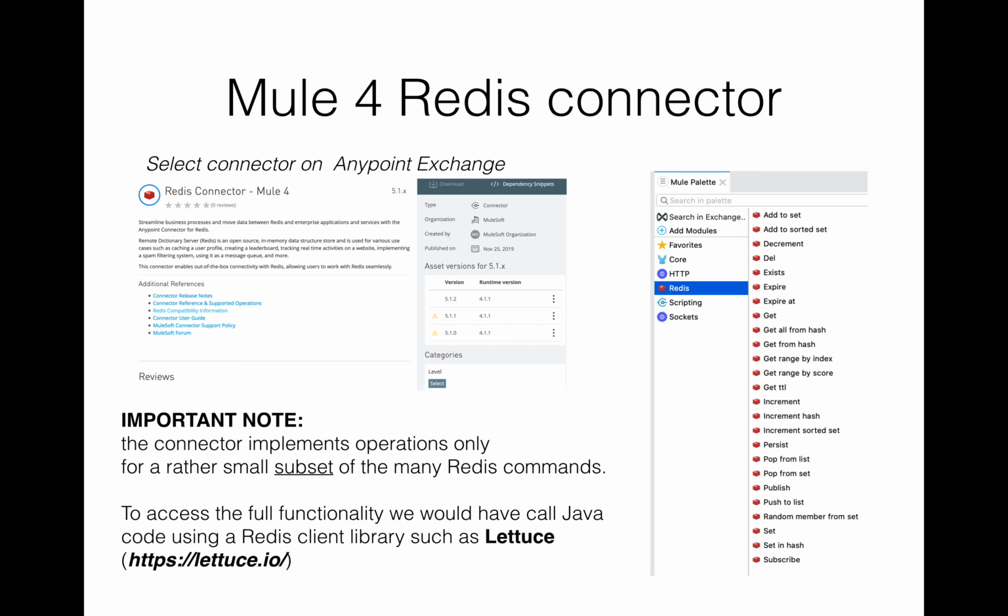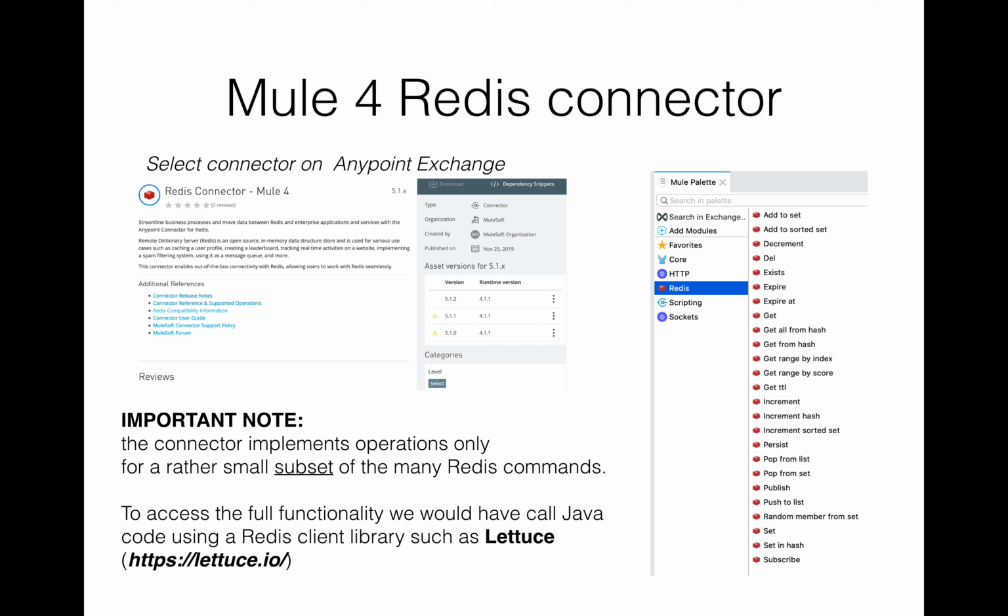There are quite a few, but there are not nearly as many as there are Redis commands, as you can see from the Redis side. So the functionality of Redis is much wider than what is covered by this connector, but still it's very useful.